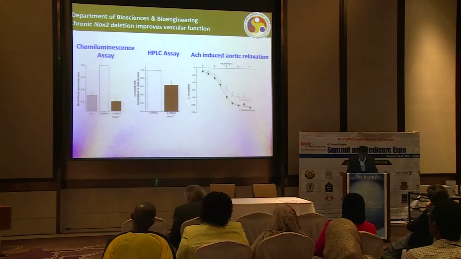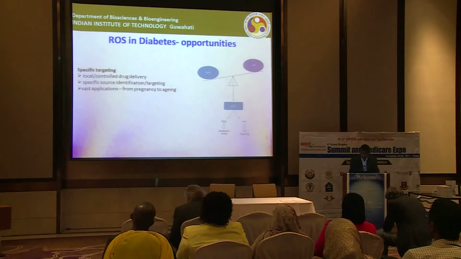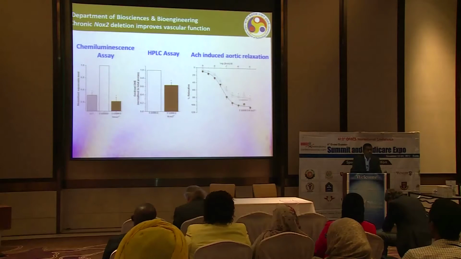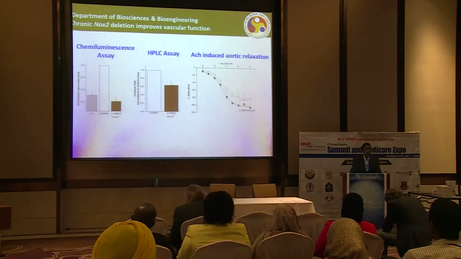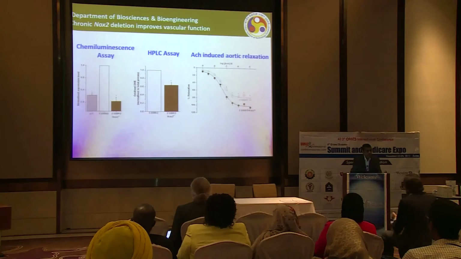To nail the point, we totally knocked down the NOX2 gene in the insulin resistant transgenic mice, then measured the superoxide level in the endothelial cells and also the vascular function.